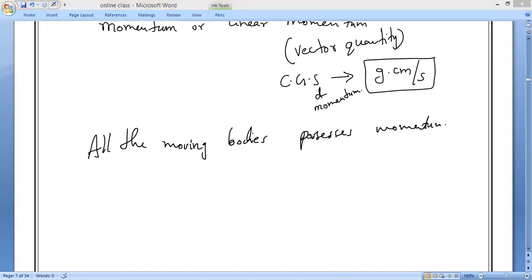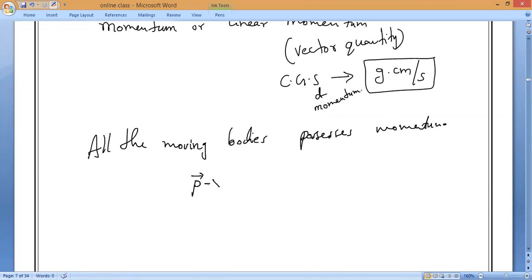So momentum is a vector quantity. Of course, the direction of momentum is the same as that of velocity. Kindly remember, momentum is a vector quantity because it is a product of two things: mass into velocity.